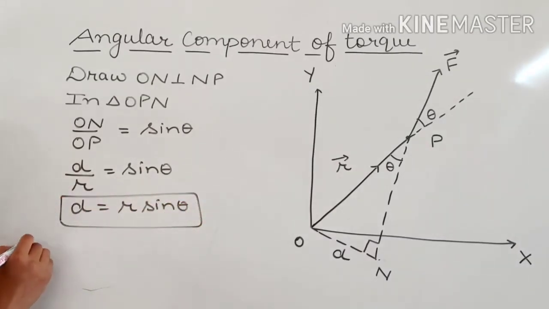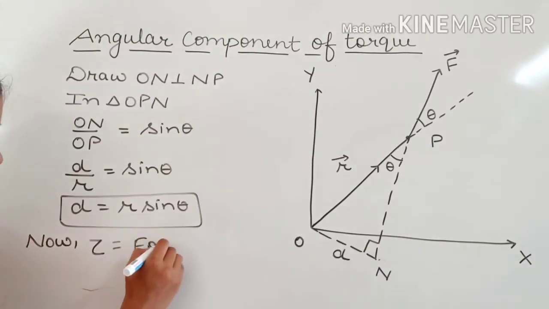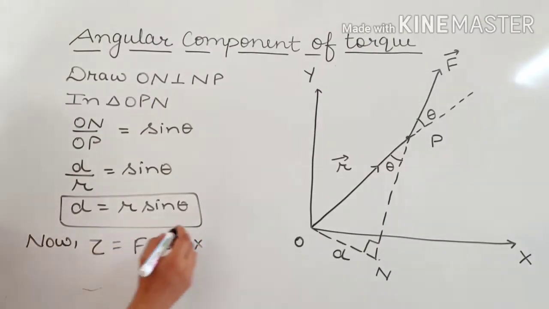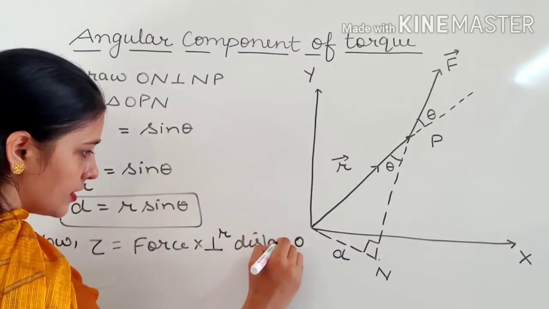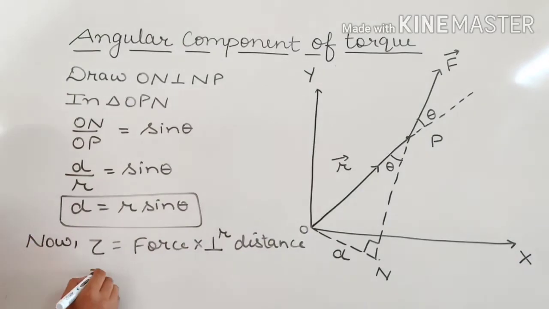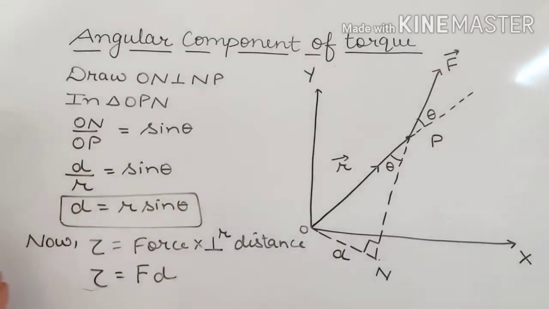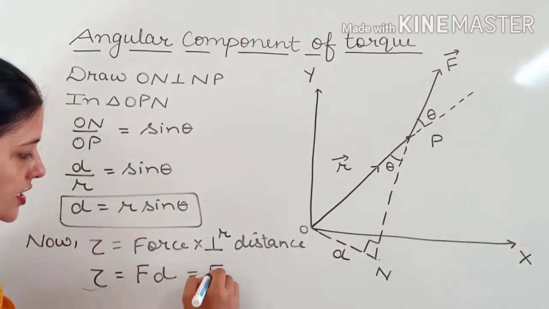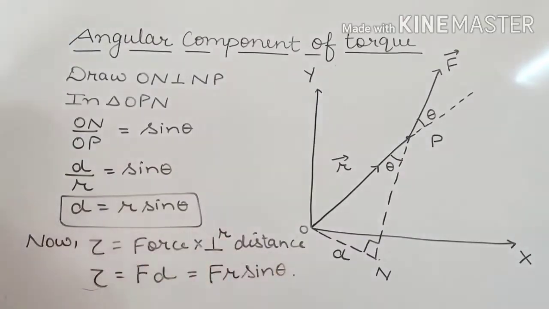Now the torque, we know, is the force multiplied by perpendicular distance. That is, torque is equal to force times perpendicular distance d. So we can write F r sine of theta.